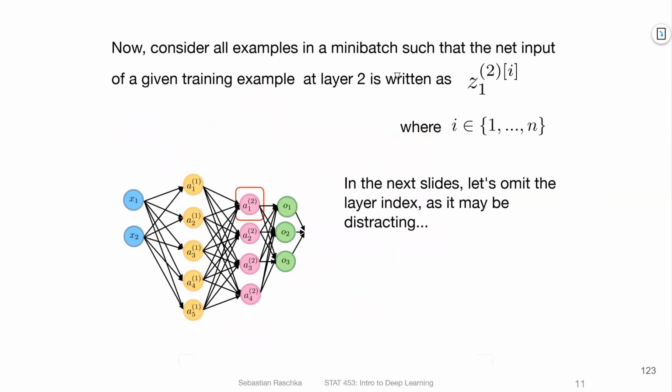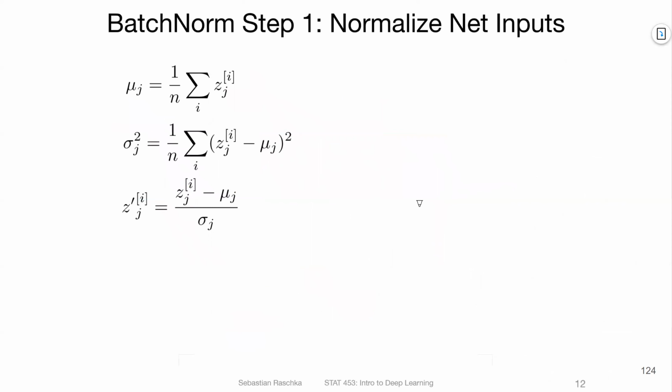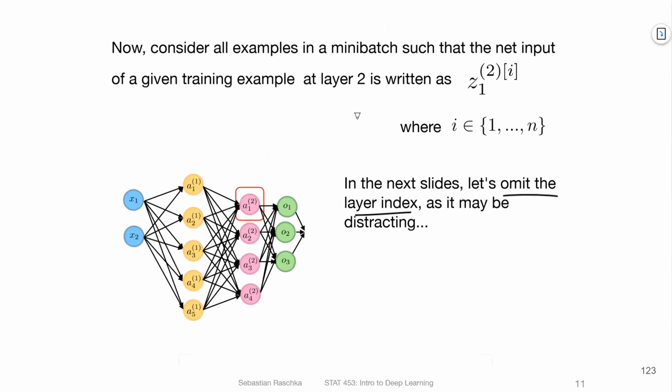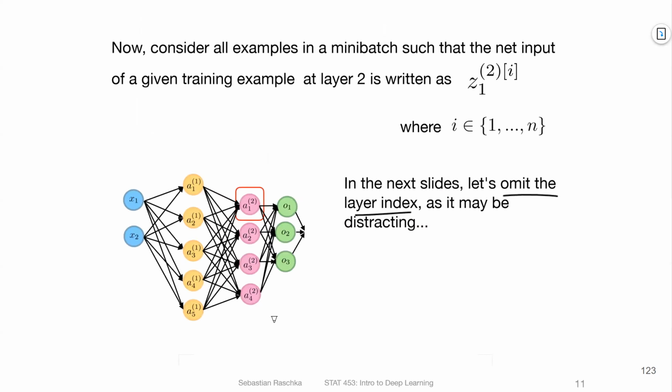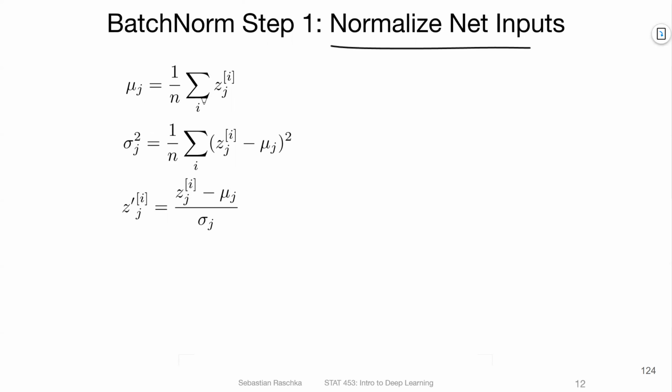Let's say we're going to omit the layer index. When we are doing batch normalization, we first normalize the net inputs. In this example, we have Z1, Z2, Z3, Z4 in the case of the second layer. In the first layer, we have 5 Z's. Here, we first normalize these.